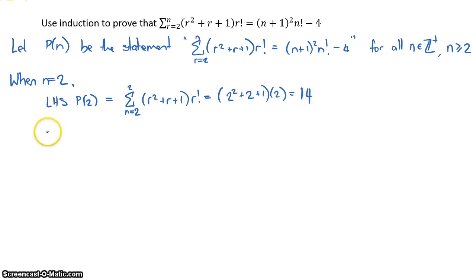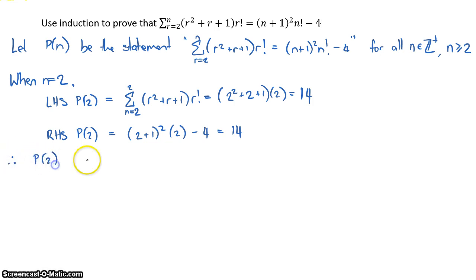What about the right-hand side? The right-hand side of P2 would be, again, just substituting 2 into this one: (2 plus 1) squared times 2 factorial minus 4. So 2 plus 1 squared, 3 squared is 9, times 2 is 18, minus 4 is 14. So since the left-hand side is the right-hand side, we can therefore conclude that P2 is true.